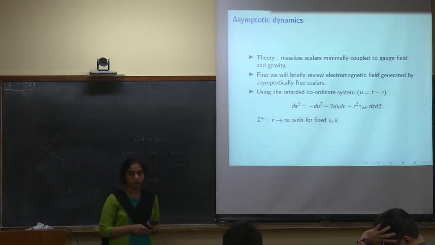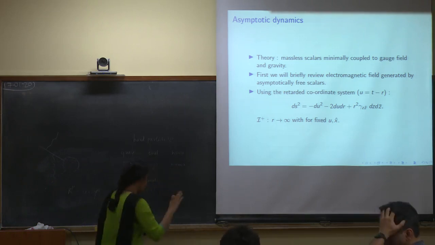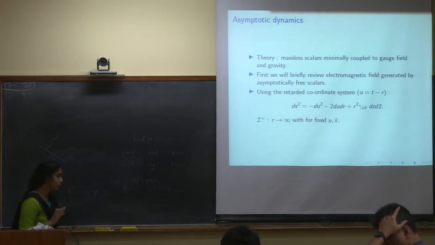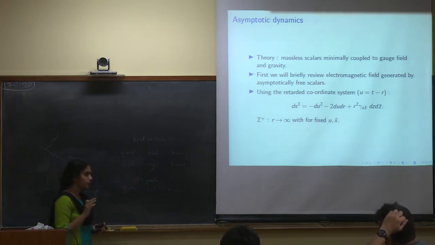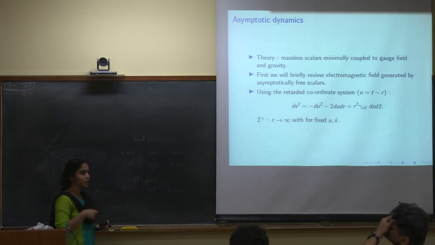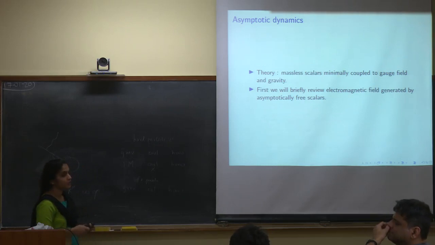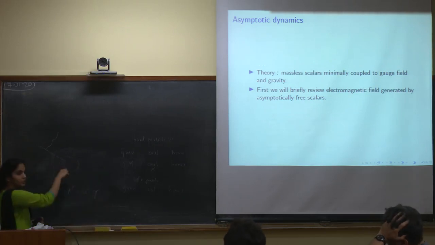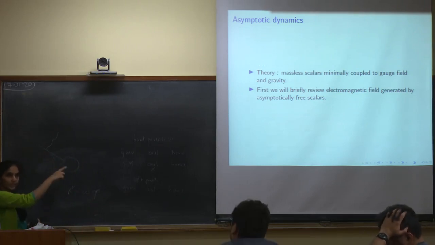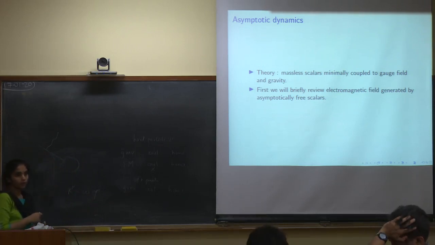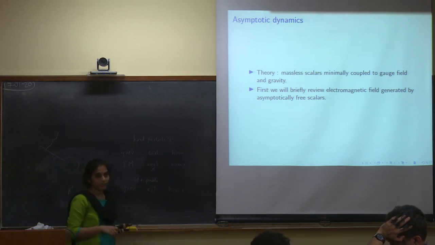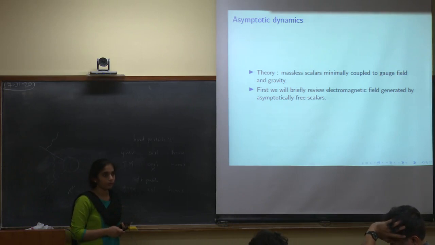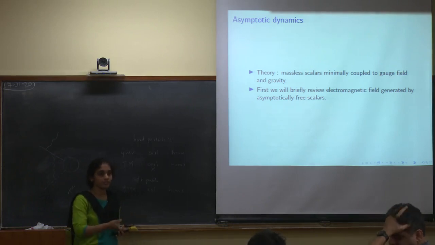What happens is, in general, that interaction depends on the mass. Since here I am considering massless particles, it becomes trivial. If the scalars were massive, then that term is there. So Alok considered massive scalars, and there he reproduced the term from the charge also. Only for massless scalars it becomes trivial.